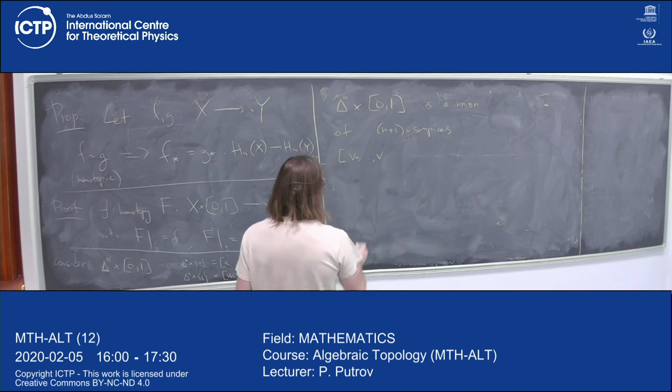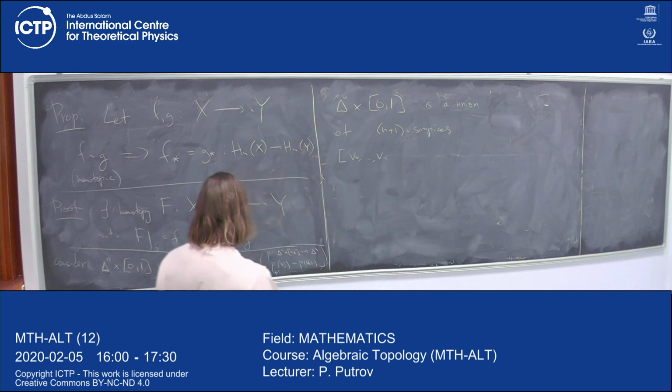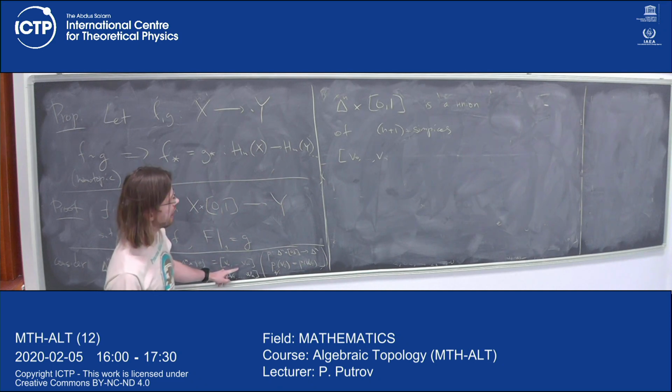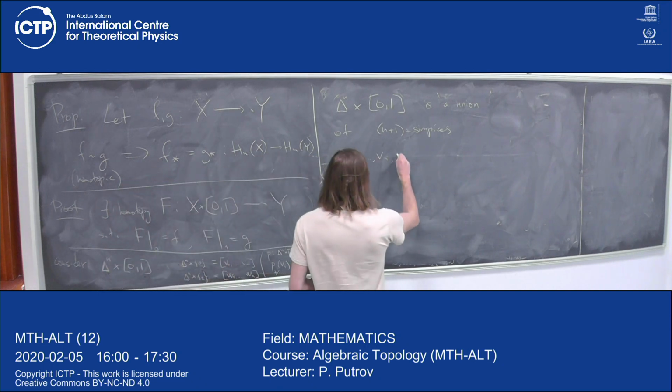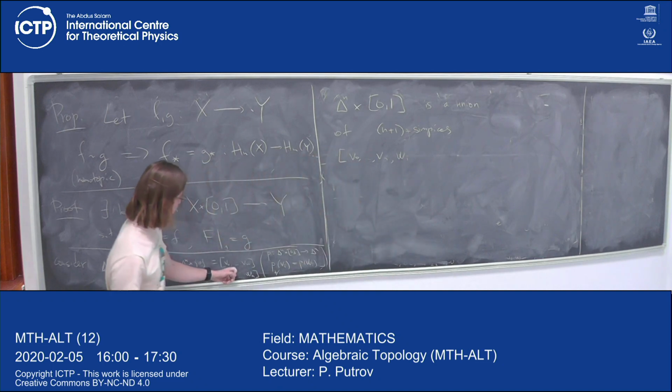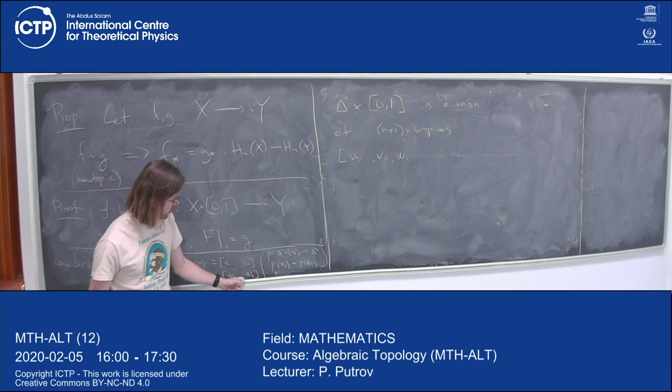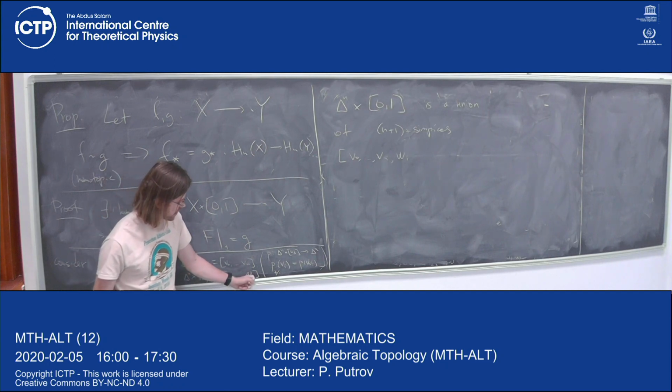First I take a sequence of vertices from this guy, V0 to Vi for some i, and then after this Vi, I take the vertex W_i here, and I continue with vertices here.